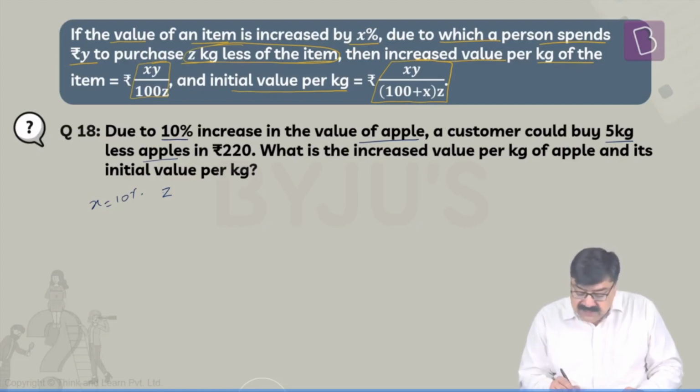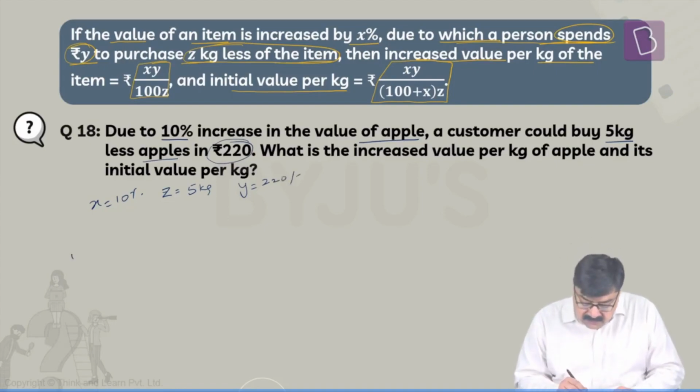So the value of Z here shall be 5 kg. And it is also given due to which a person spends rupees Y. So spending here, which is happening is rupees 220. So the value of Y here is rupees 220.